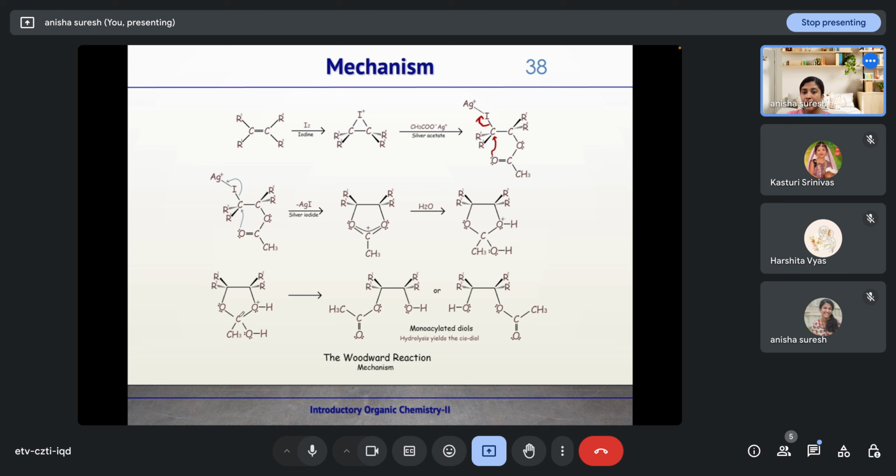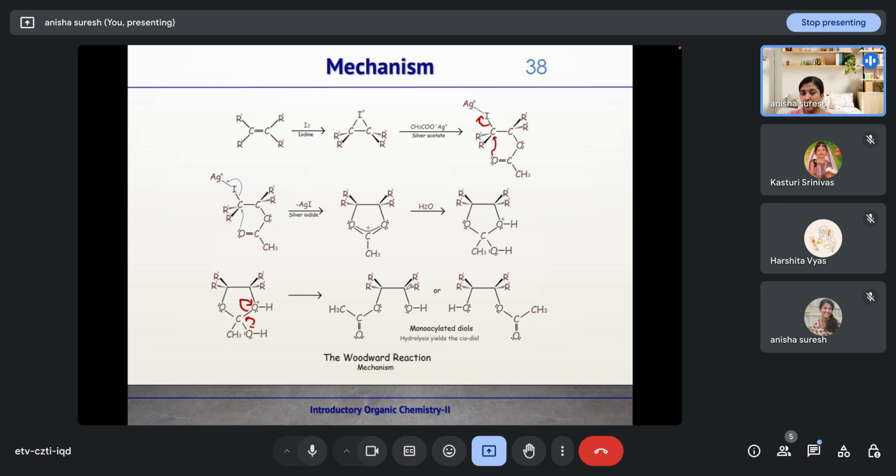Now what will happen? This can open up in this fashion. So this mono-acetylated diol upon hydrolysis leads to formation of cis diol.